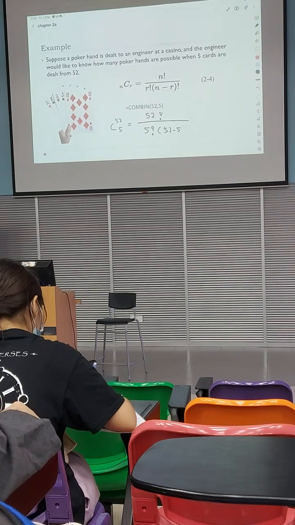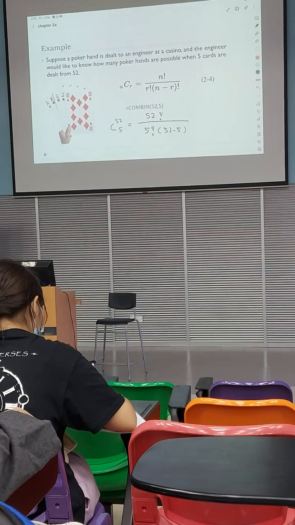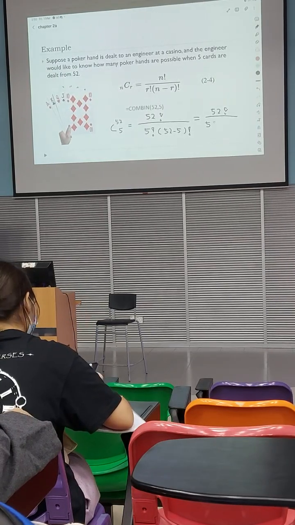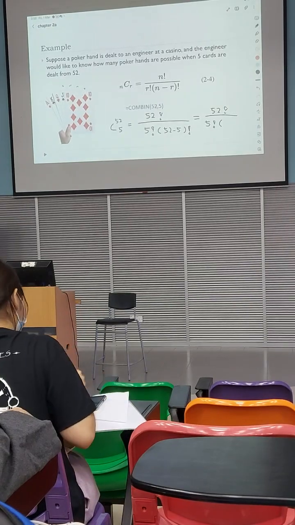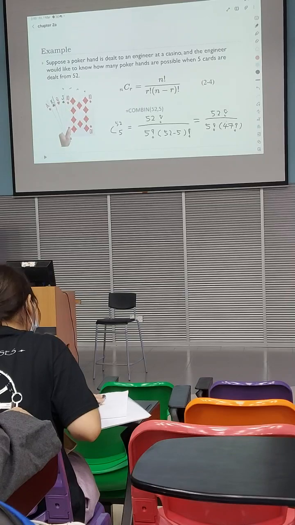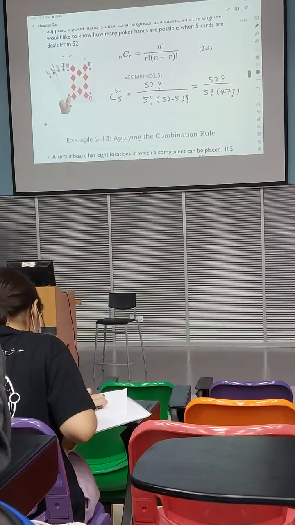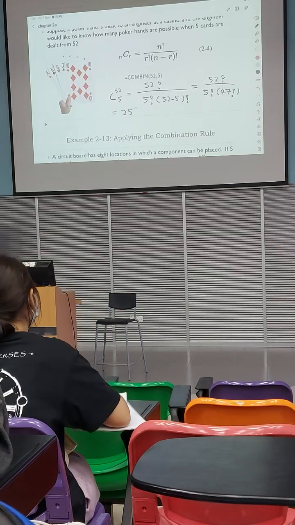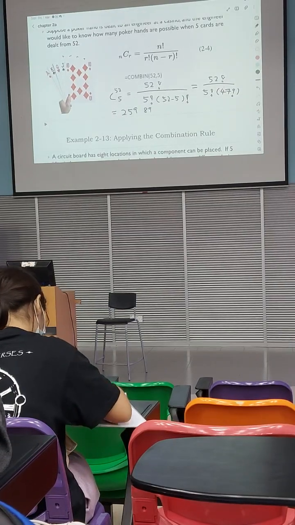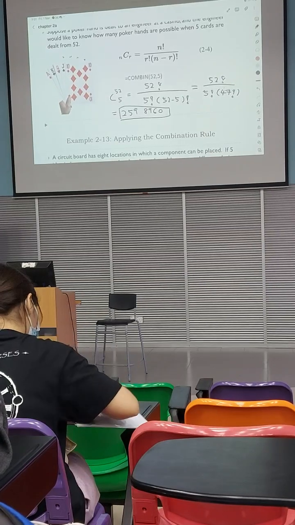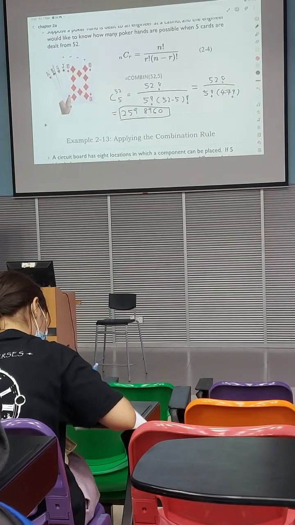So 52 minus 5 factorial means that this is 52 factorial divided by 5 factorial, then divided by 47 factorial. In this case, you should get the answer 2598960.